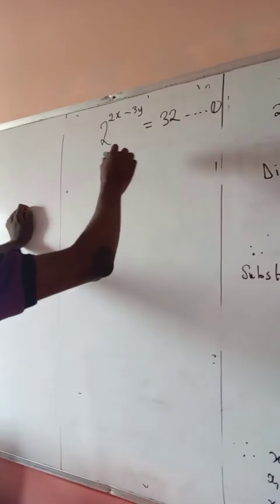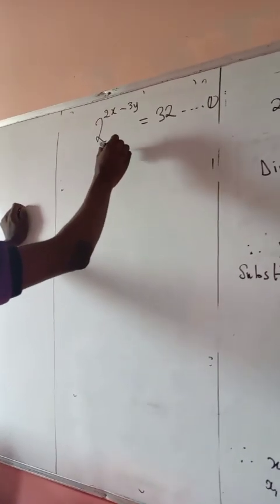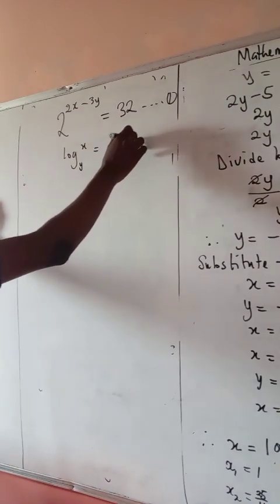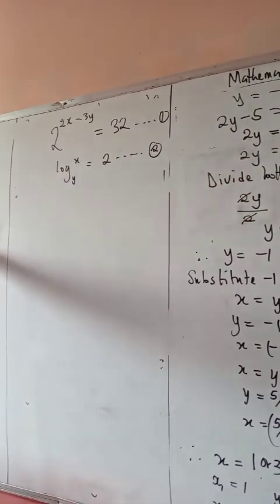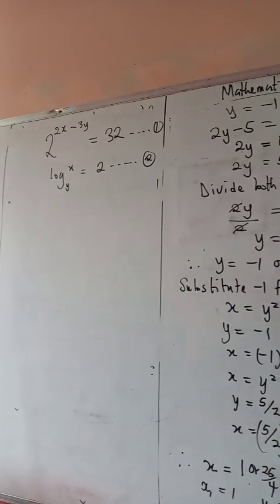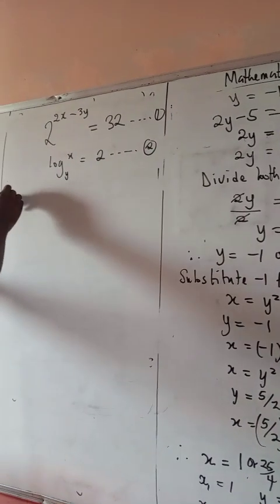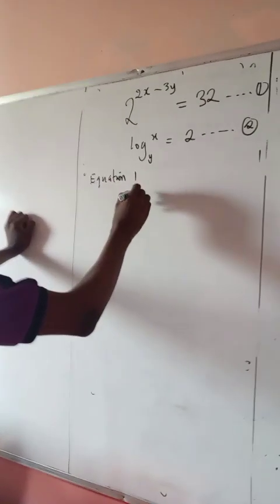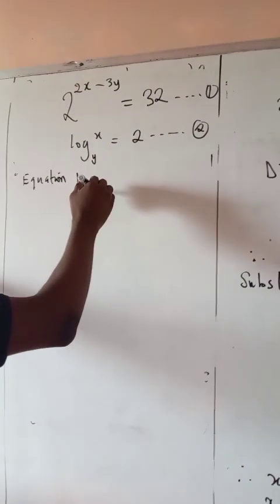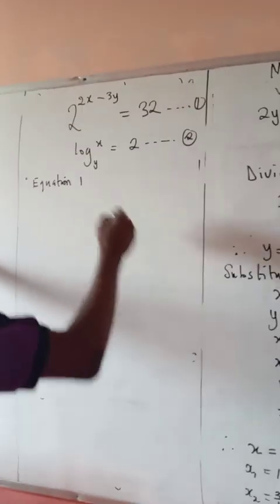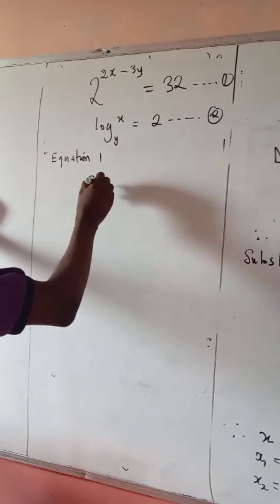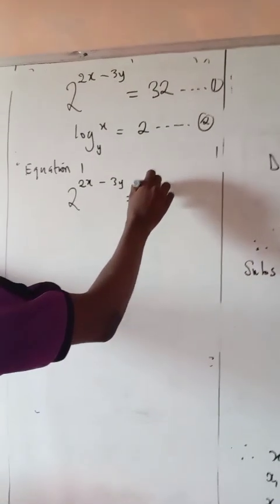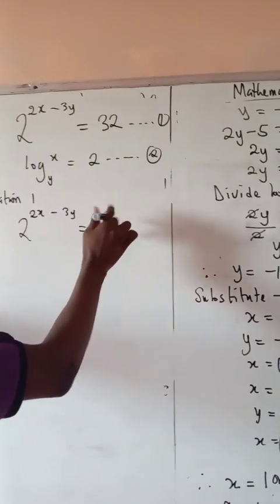We have log x to base y is equal to 2. That is equation 2. So let's pick equation 1 and substitute the values of x and y. We have 2 to the power of 2x minus 3y is equal to 32.